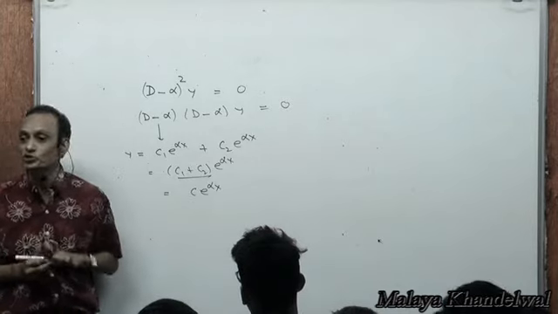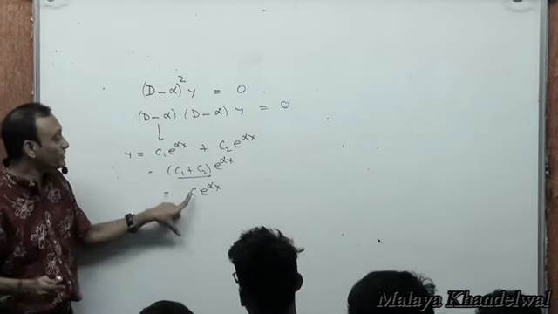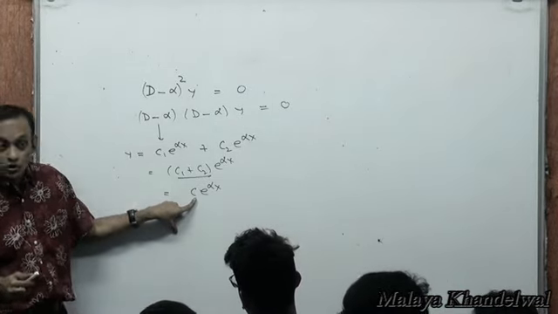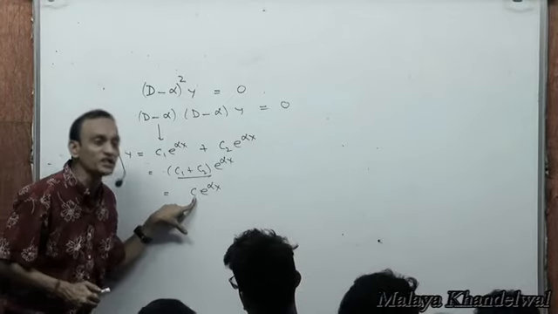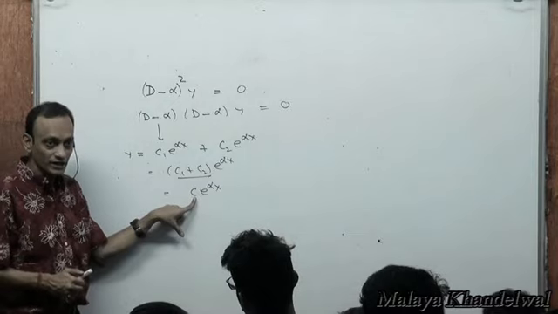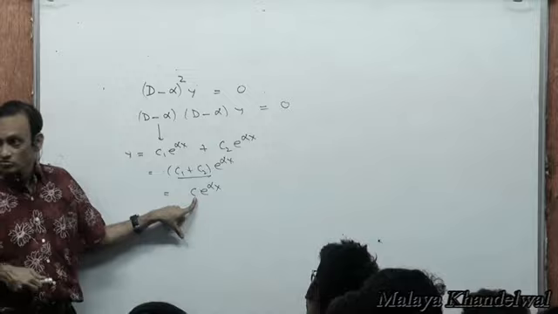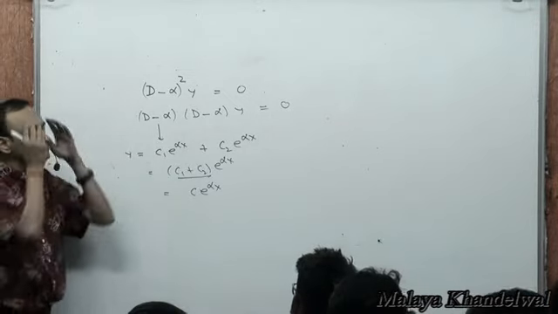So this cannot be the general solution, because this is a differential equation of order 2. How can it have one arbitrary constant? This is a solution, but this is not the general solution to this differential equation.